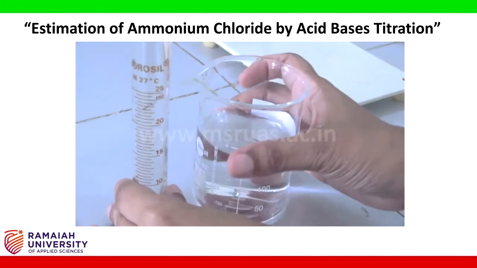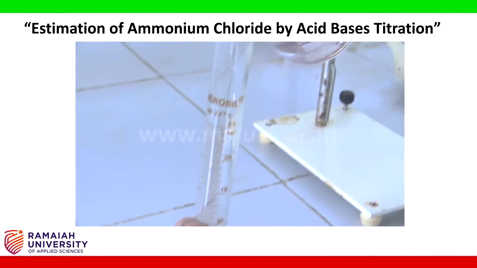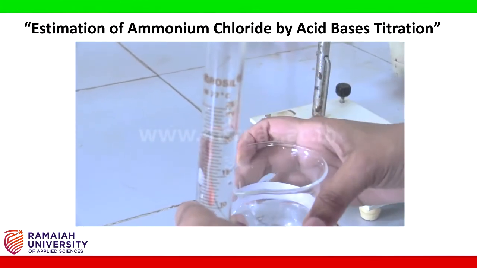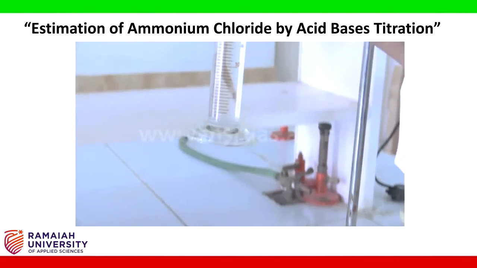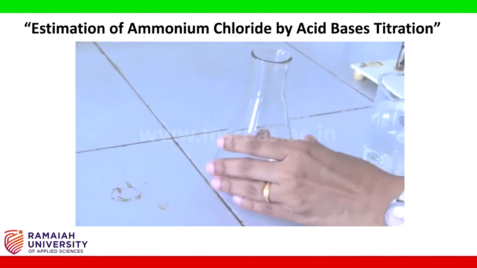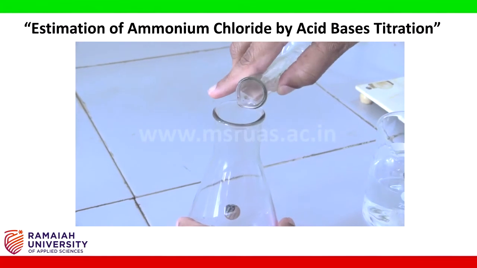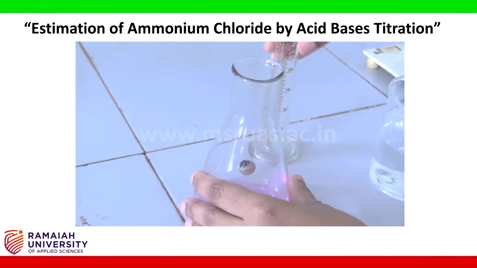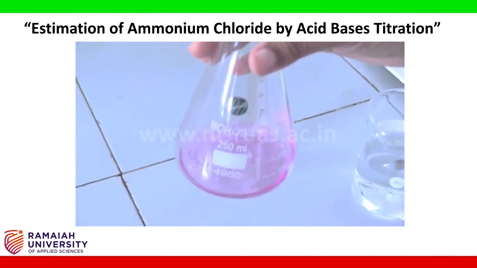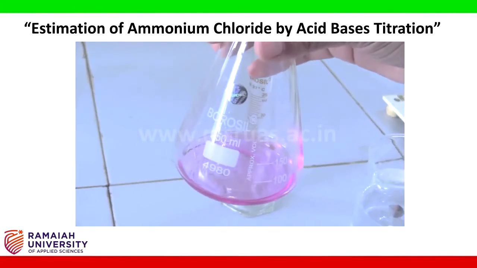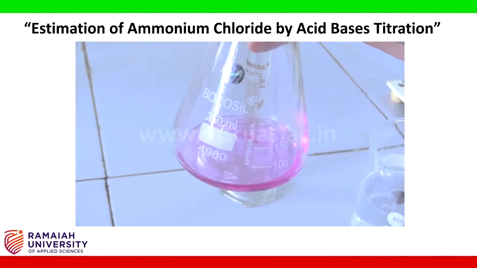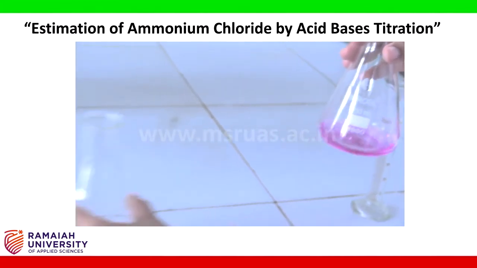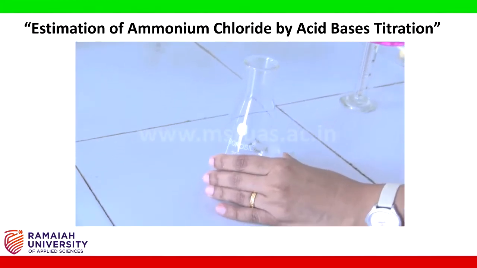Measure 20 ml of distilled water and transfer this to the conical flask. Now, this mixture of 5 ml of neutralized formaldehyde and 20 ml of distilled water is transferred to the conical flask which has ammonium chloride solution.